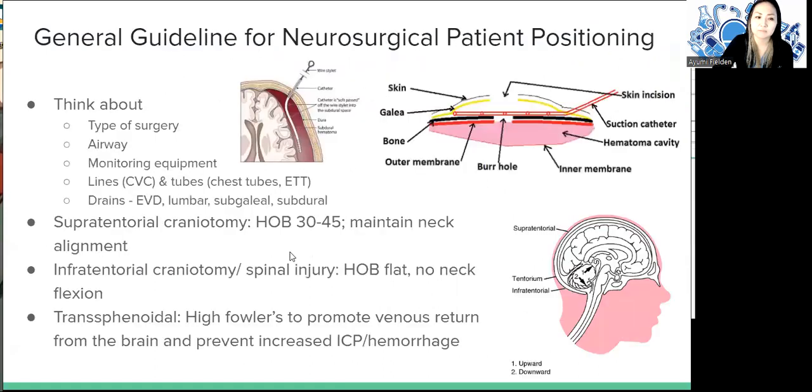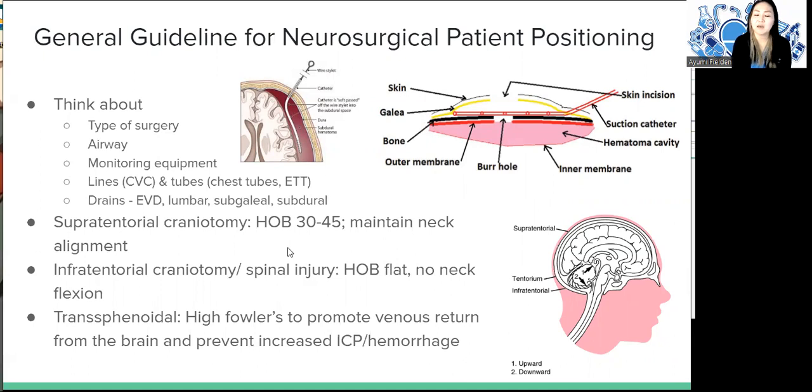General guideline for neurosurgical patient positioning. Really think about the type of surgery they had, and airway is so important. The neuro patient can lose their airway so quickly. Monitoring equipment: do you have any lines, tubes, and drains? That's something you need to be aware of.